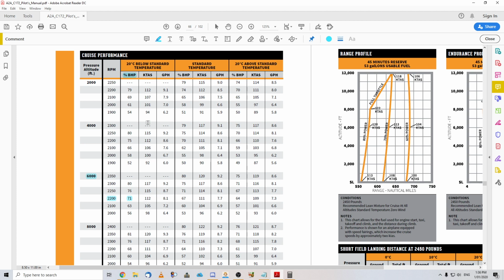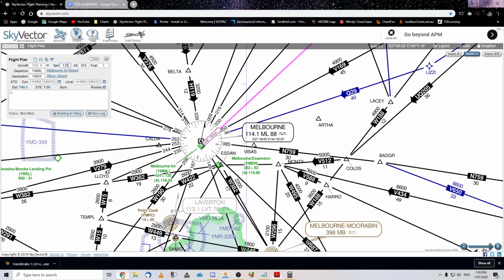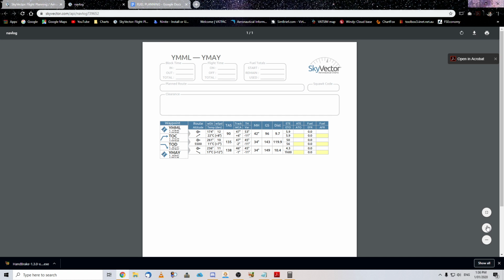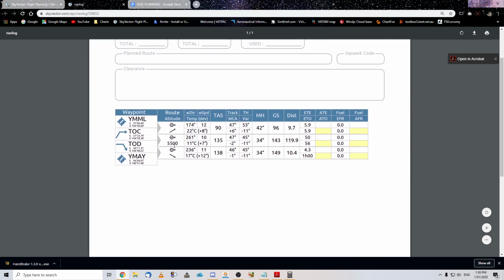Now, the other thing is, do we look at that column, that column, or that column? Well, this is where SkyVector comes in handy. Just by pressing navlog here, and looking at SkyVector, you can see Melbourne to top of climb. This is our climb phase, and top of climb to top of descent is our cruise phase.